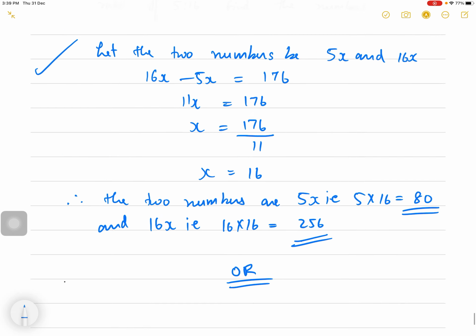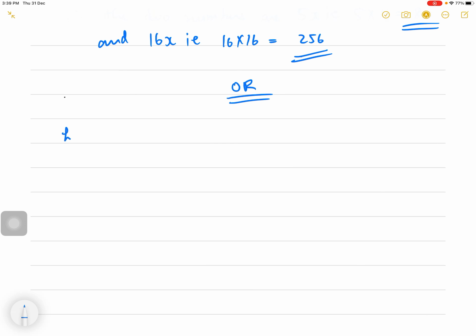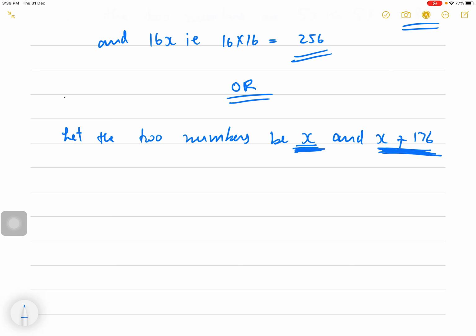Okay, so because the difference is 176 between two numbers, I can also assume, let the two numbers be x and x minus 176, or x plus 176. So this is the smaller number and this is the bigger number. I can also assume x and x plus 176. In that case, this will be the smaller number and this will be the bigger number.